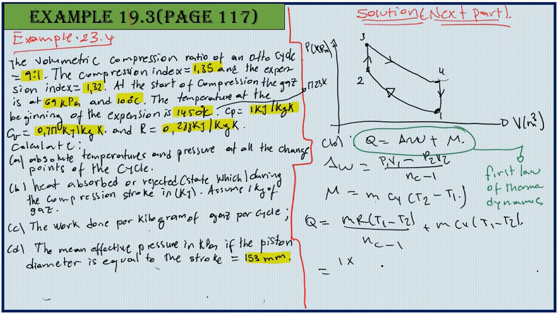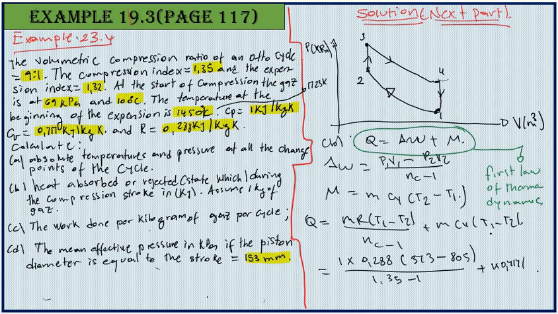So I have R, which is 0.288, and then I have T1, which is 373, and T2, which is 805, divided by NC. So NC is equal to 1.35, so minus 1, and then I have the mass here is 1 kilogram. I have the value of CV, which is 0.717.